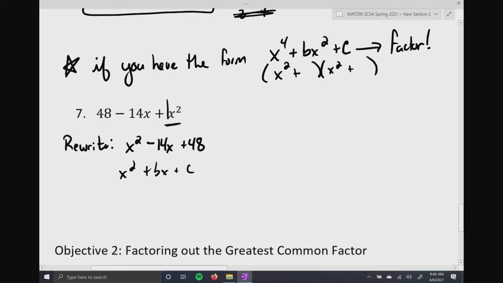Now, we got a trinomial with a 1 out front. Let's do our step 1, and let's do our step 2. So remember, step 1, binomials with an x. Step 2, copy the first sign down. And we know a negative times a negative is a positive because we need positive 48.